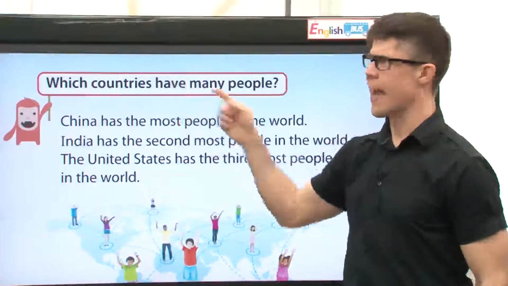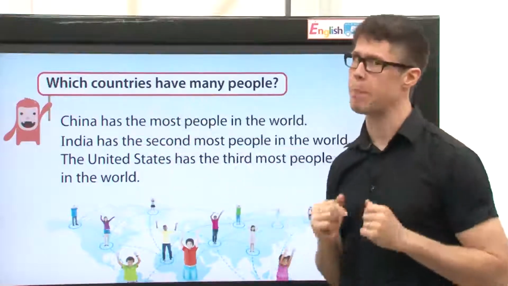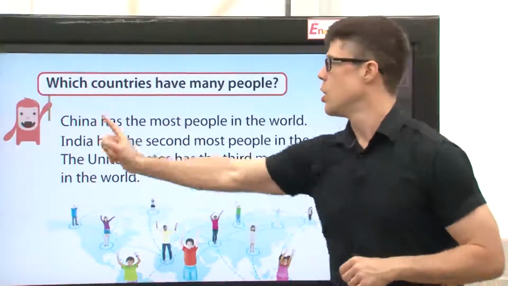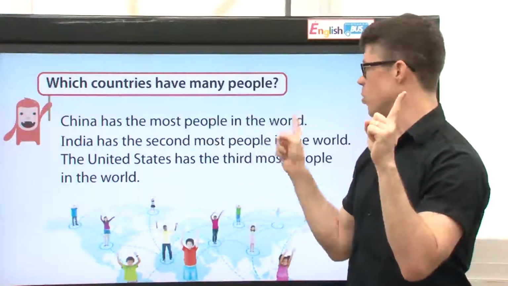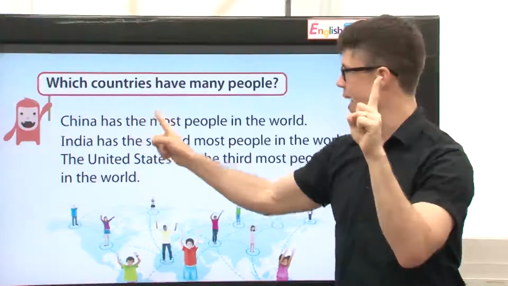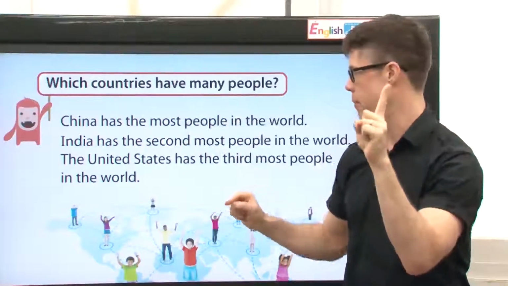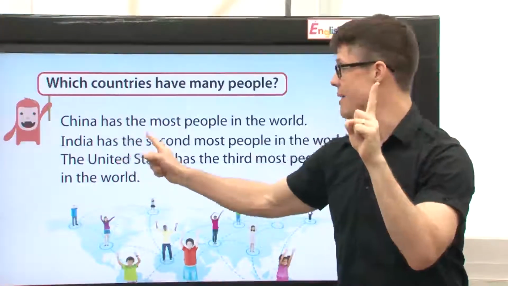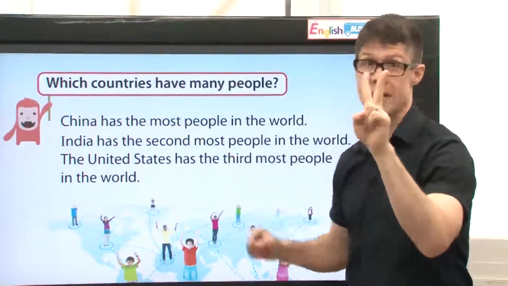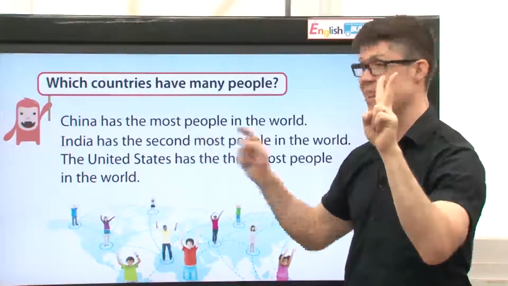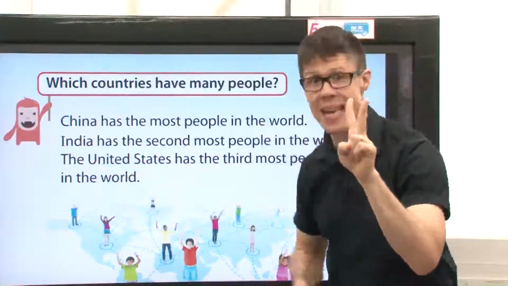Which countries have many people? China has the most people in the world. China is number one. India has the second most people in the world. The second most people is India.